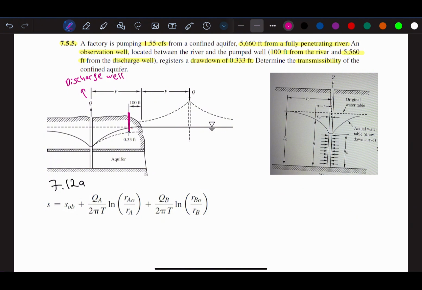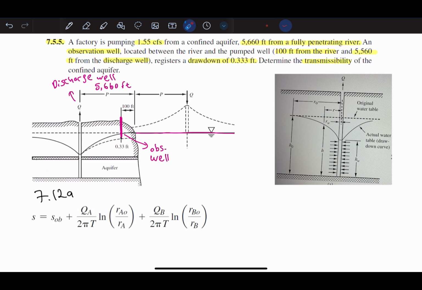So let's say we have the observation well, and here, this is the river. So this distance is 660 feet.